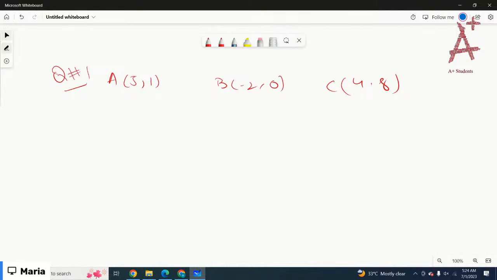Let's just calculate the point where the right bisectors meet. It is equal distance from all the vertices. So the right bisector of AB passes through the midpoint of AB.